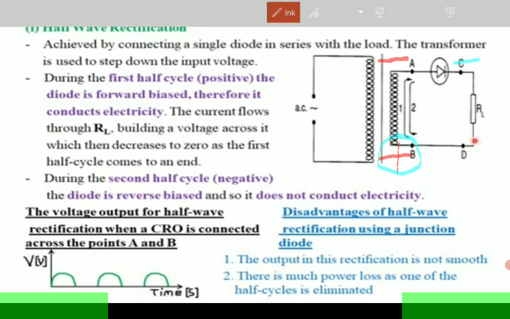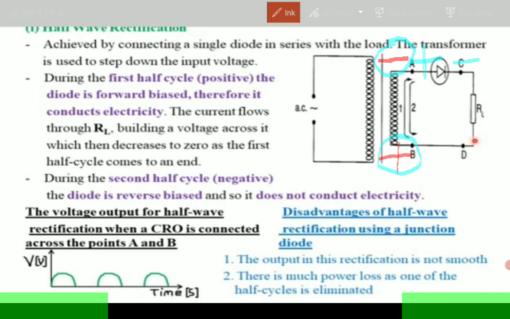Similarly, the positive end of the diode is also connected to the region which is at lower potential. So now the diode is connected in a reverse mode. Therefore, it will not conduct. It will offer high resistance.